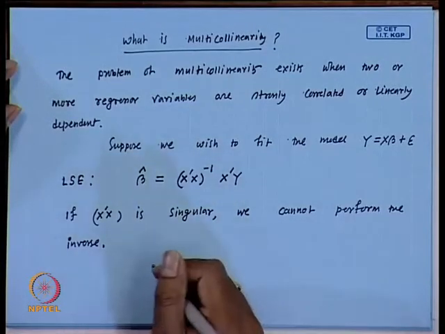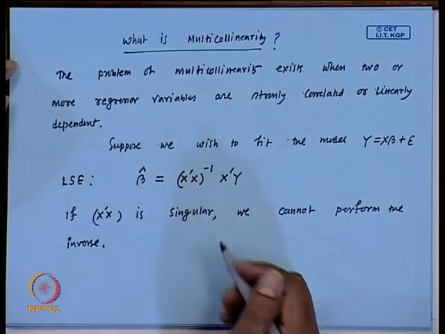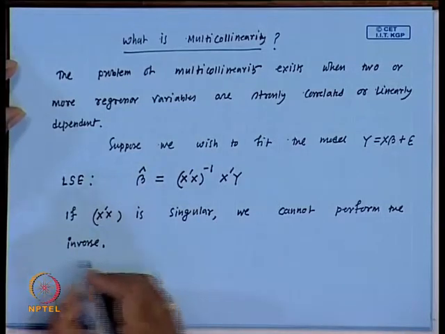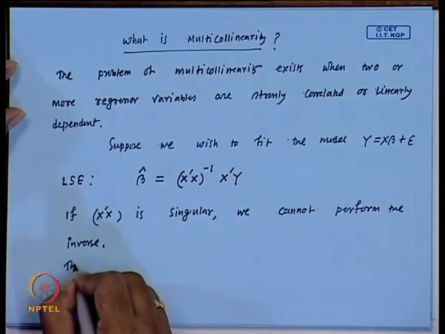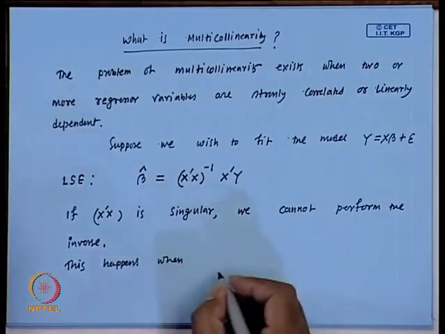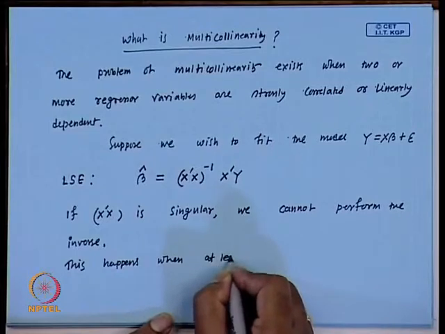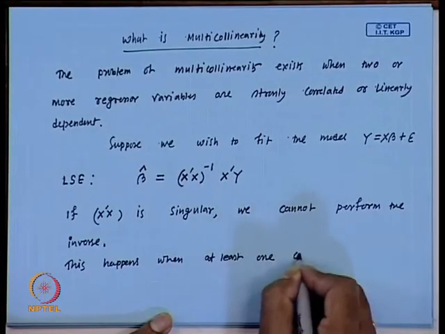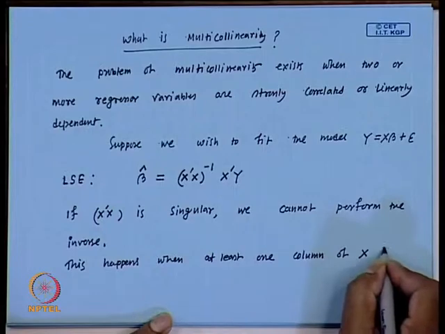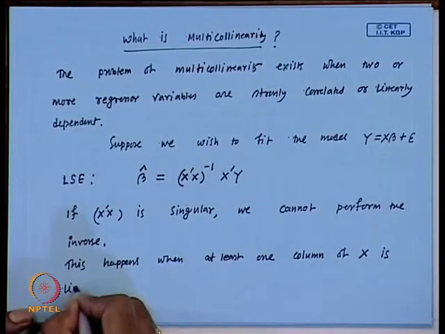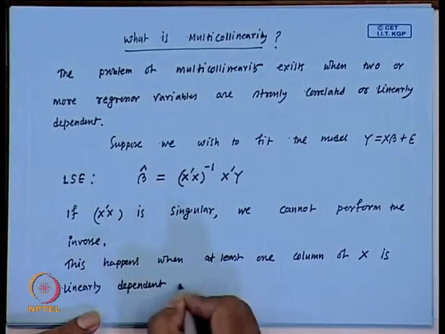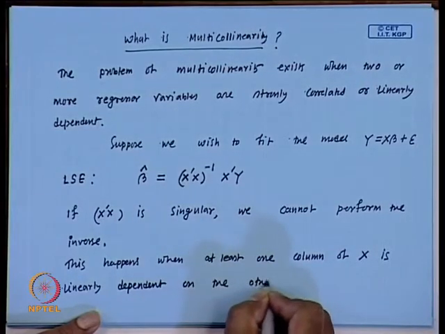And singular means the determinant of X prime X is equal to 0, and this happens when at least one column of X is linearly dependent on the other columns.